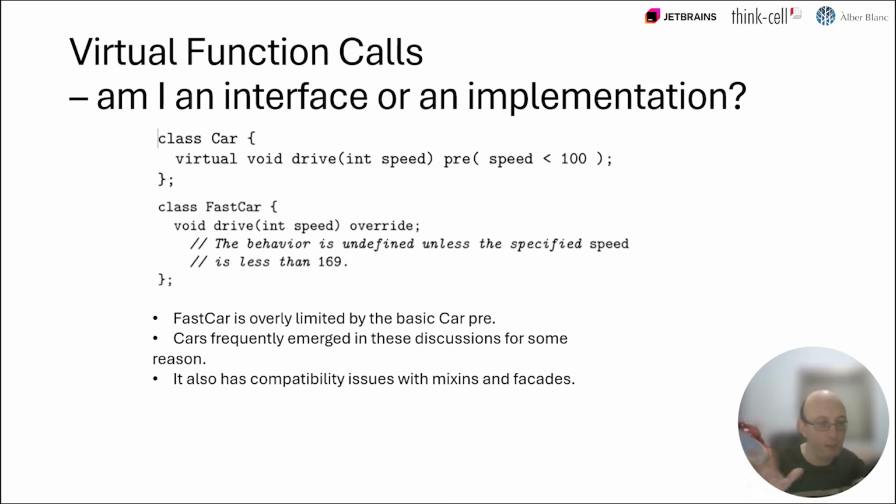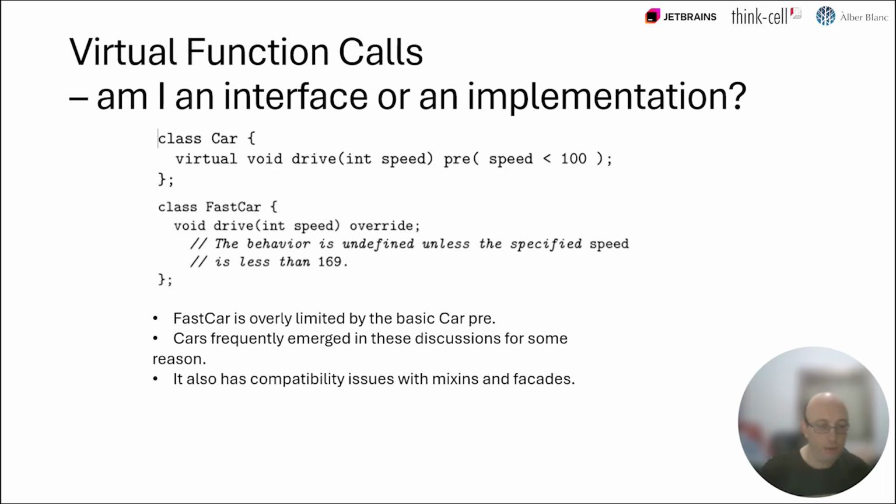Just imagine it, public car. And now we have a fast car derived from the base car. The fast car wants to go as far as 169, but the base car is limiting it. So this is one of the main motivations to say that contracts should not be automatically inherited as in other languages, because it just doesn't make sense, and this is a completely legit example.